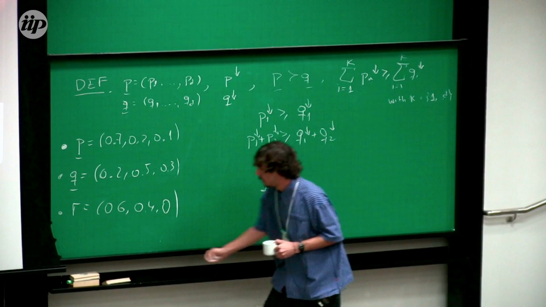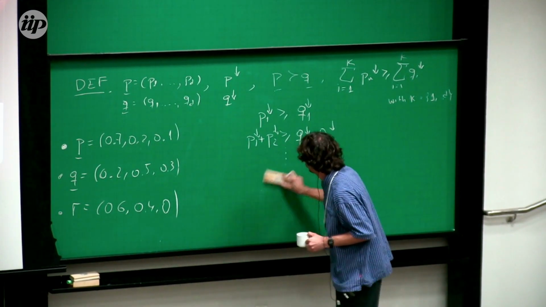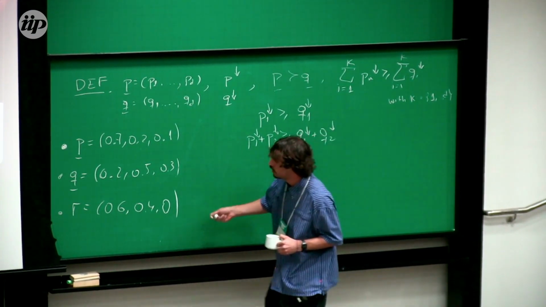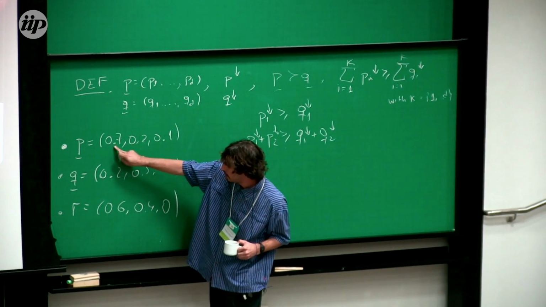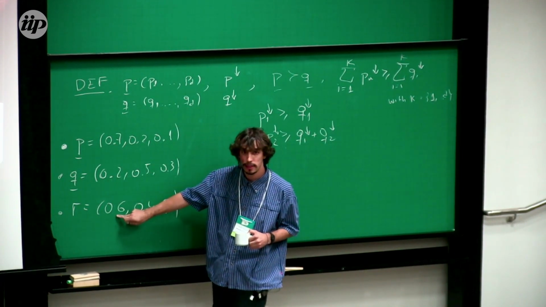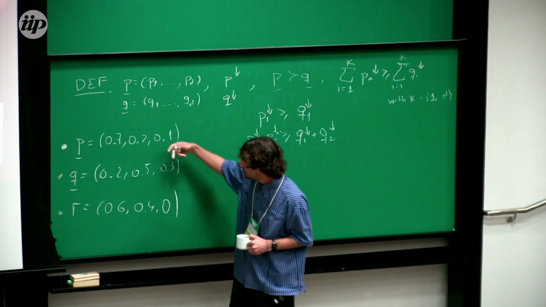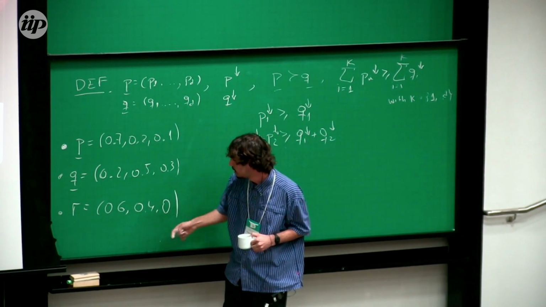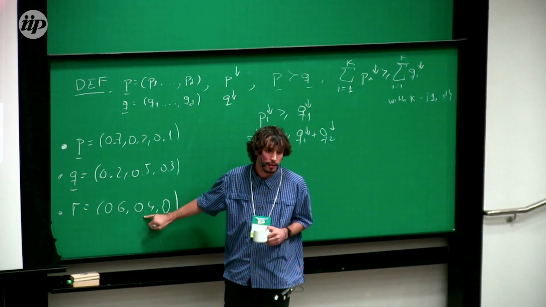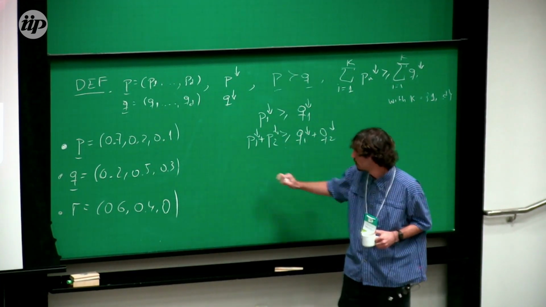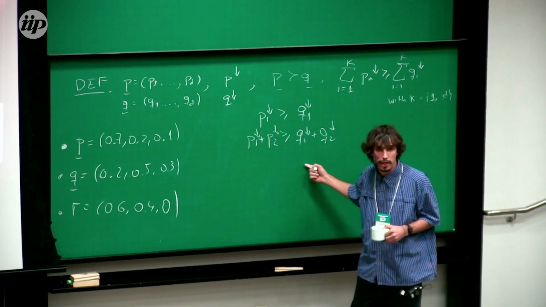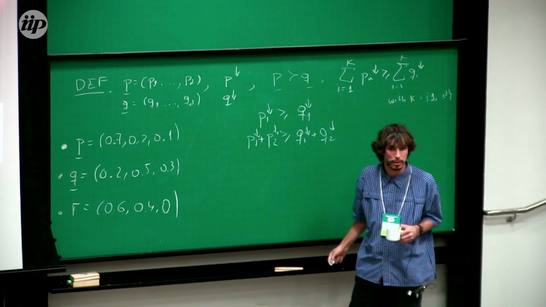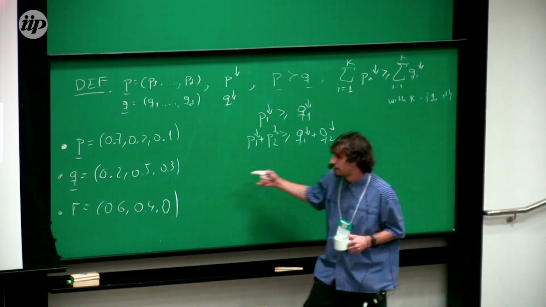Why? Well, simply because if we compare the first entry, we pass the test, 0.7 is larger than 0.6, that's nice. But then in the second partial sum, 0.7 plus 0.2 is 0.9, and this is 1. So we fail the second inequality. So P doesn't majorize R, nor does R majorize P.